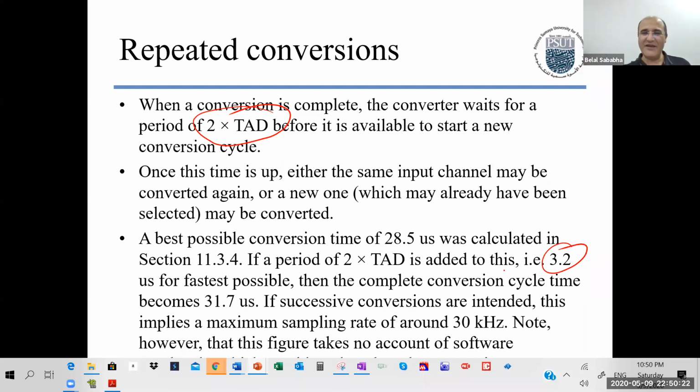Now taking the conversion time we saw plus this time, the best possible conversion time is 28.5 microseconds, which means the maximum sampling rate we can work at is 30 kilohertz. So you have a signal outside and you can read 30,000 samples in a second. Is that acceptable?